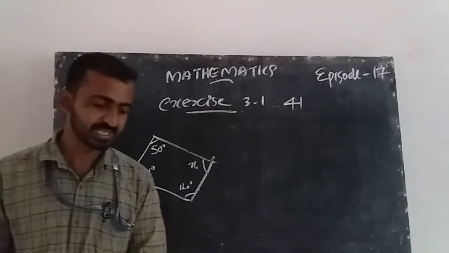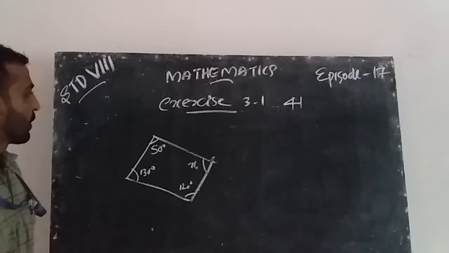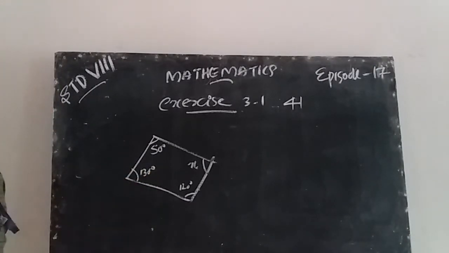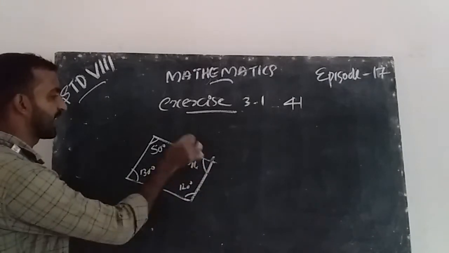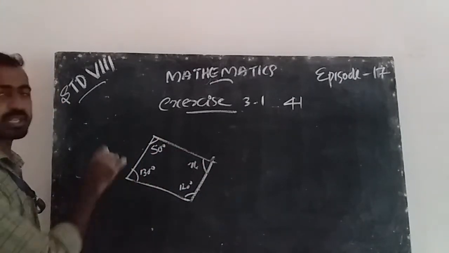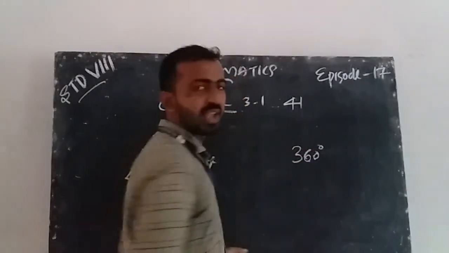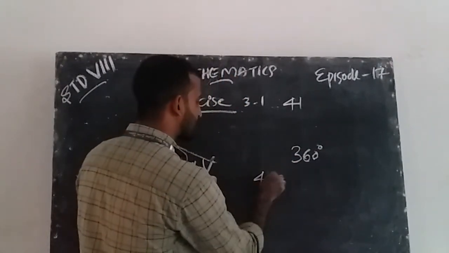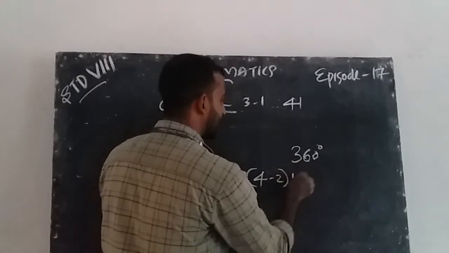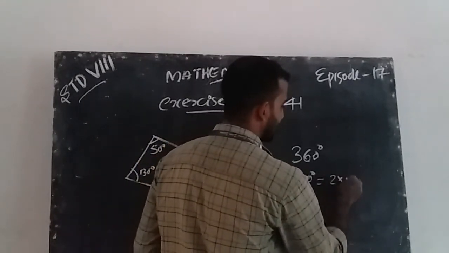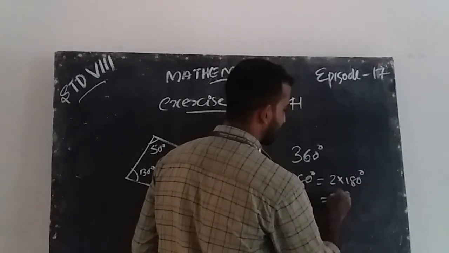How many sides does this figure have? That is 1, 2, 3, 4. The total sum is 360 degree. How do we get it? That is 4 minus 2 into 180 degree. We get 2 into 180 degree. That is 360 degree.